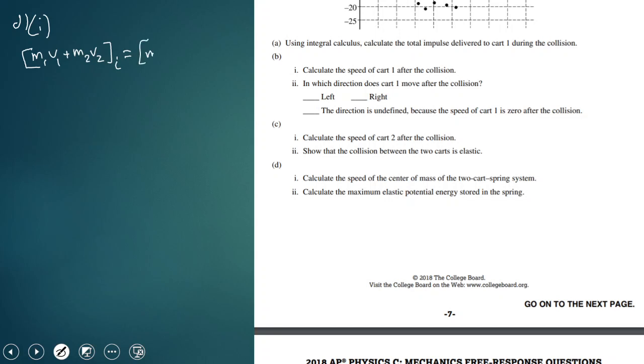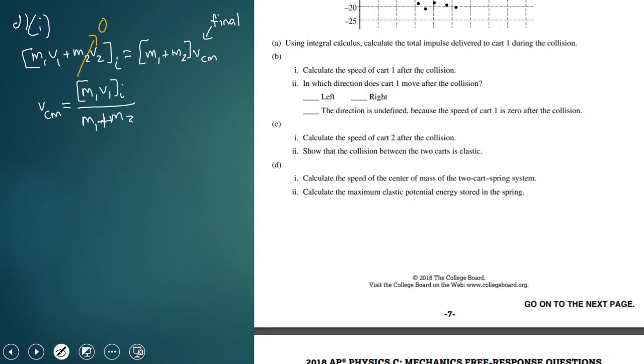So we get M1 plus M2 times V center of mass, which would end up being the final. Once again, we know that this one goes to 0. And so the velocity of the center of mass, or the speed of the center of mass in this case, is equal to M1 V1 initial divided by M1 plus M2.